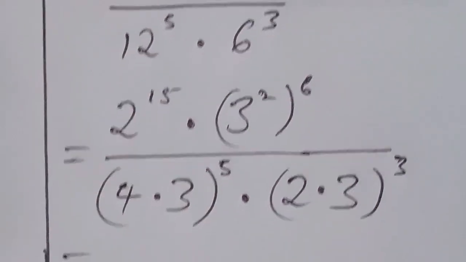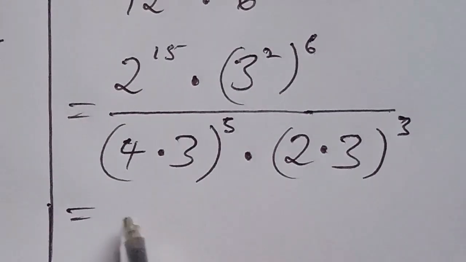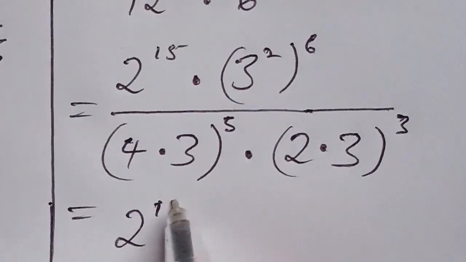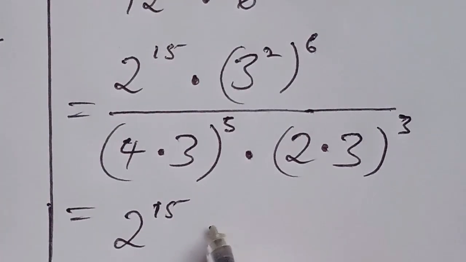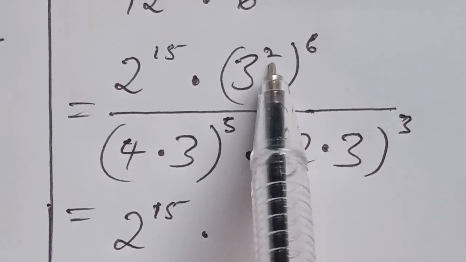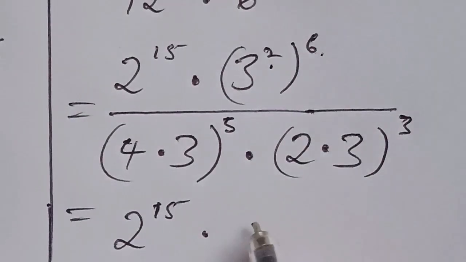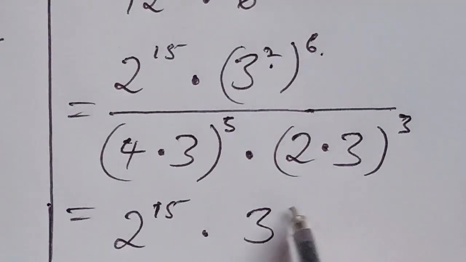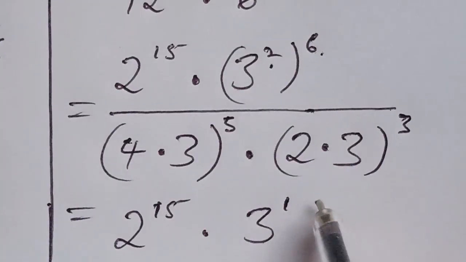This will now be equal to 2 to the power of 15 multiplied by this. We multiply it with the 6, so we have 3 to the power of 12.